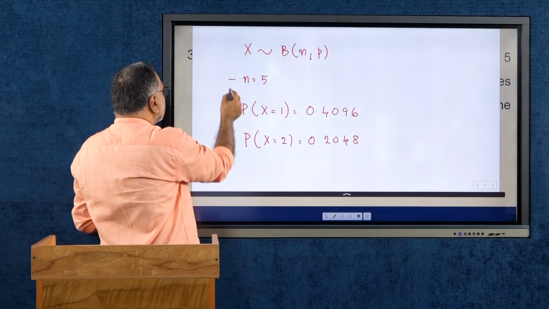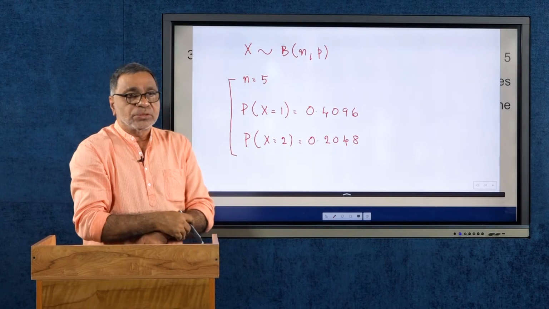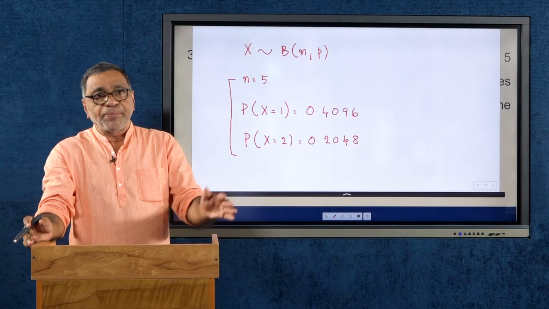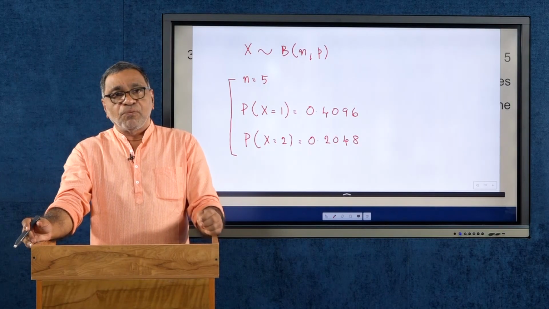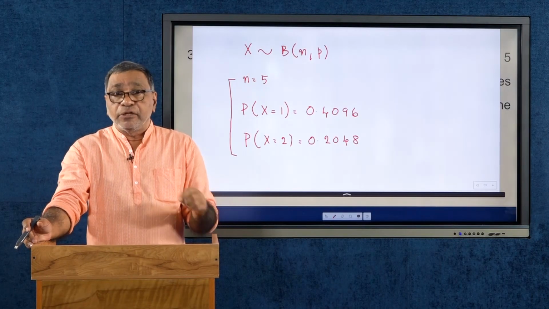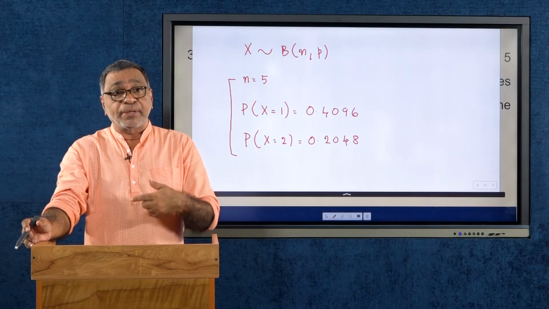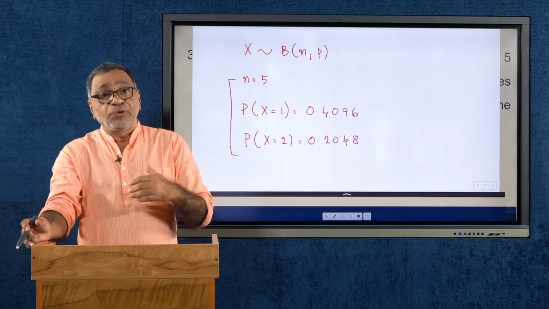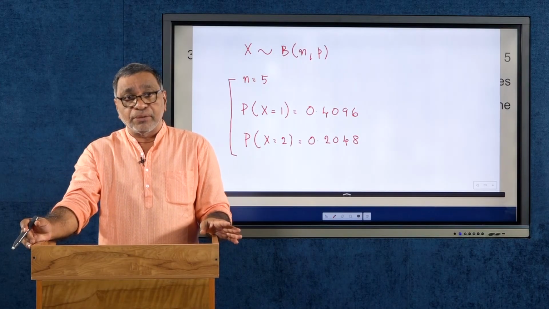See, a question like this. Suppose x is a binomial random variable with parameters n and p. One parameter value n is given to you as 5, and in order to find the second parameter, that is the p value, you are given an equation in terms of the random variable.